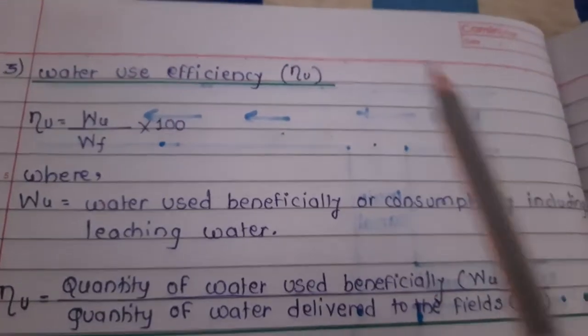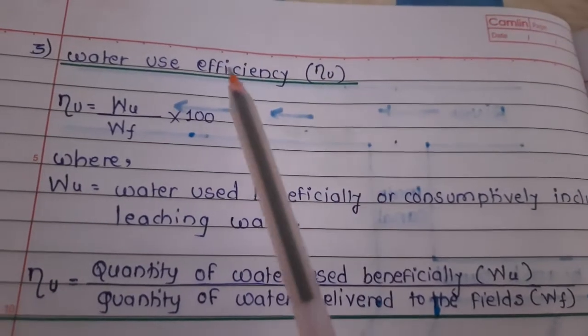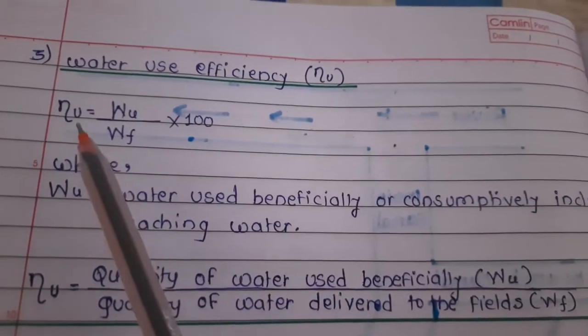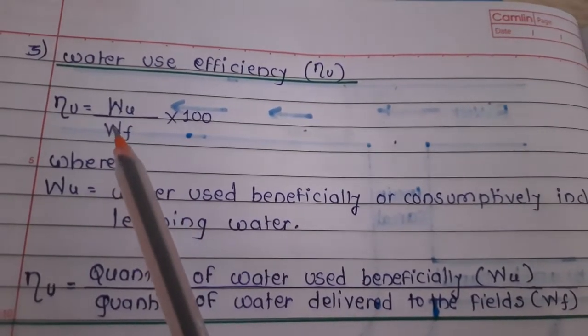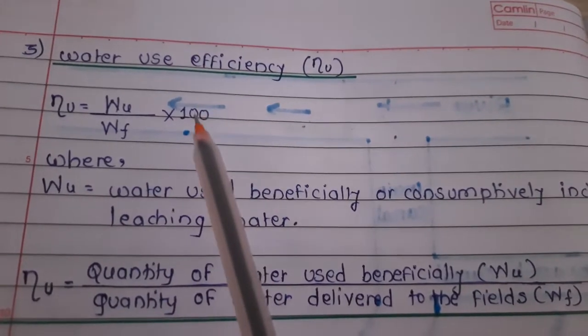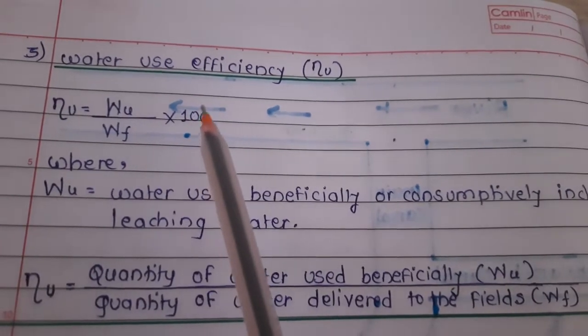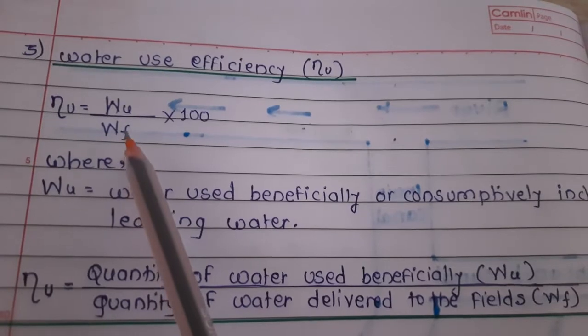Now, water use efficiency, denoted by eta U. Eta U is equal to Wu upon Wf into 100. This efficiency is related to actual use of water. What is Wf?